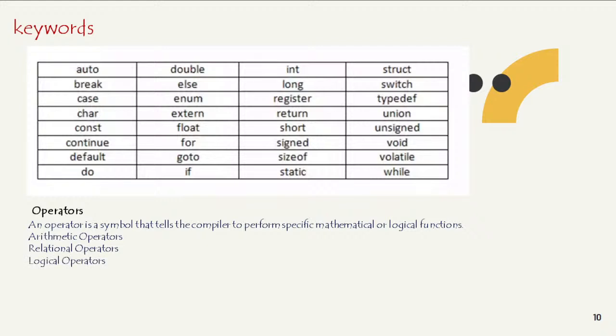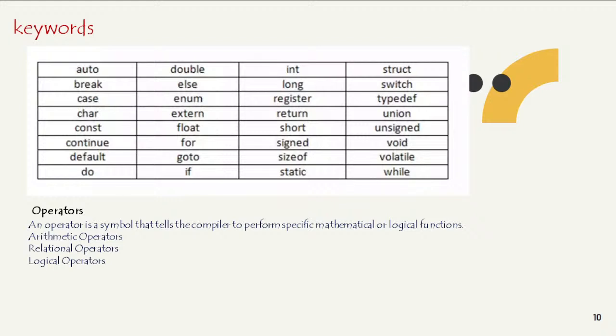And the third type of operators are the logical operators, which are used to perform logical operations in any programming language. The basic logical operators are logical AND, logical OR and NOT.